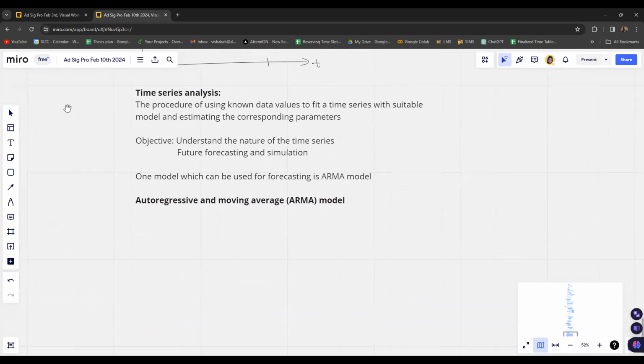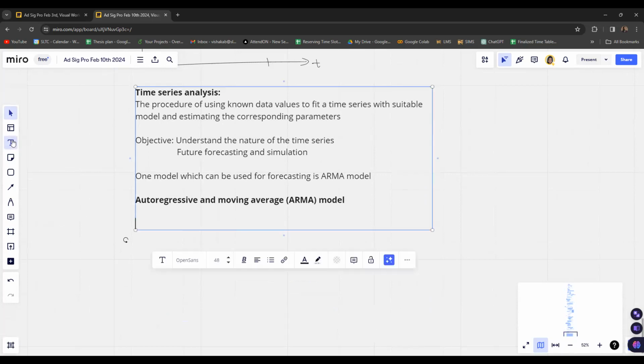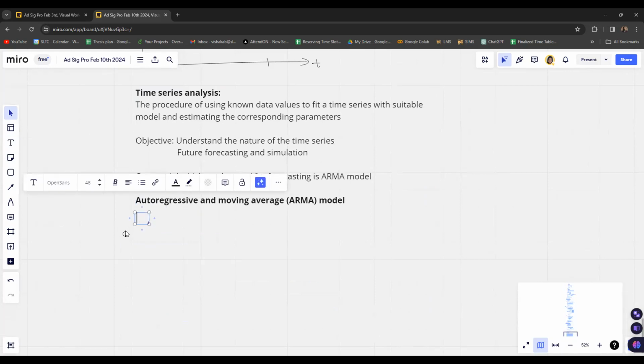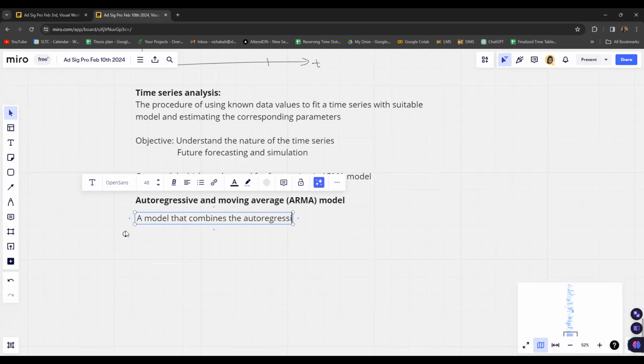So this model is a combination of auto-regressive and moving average models.